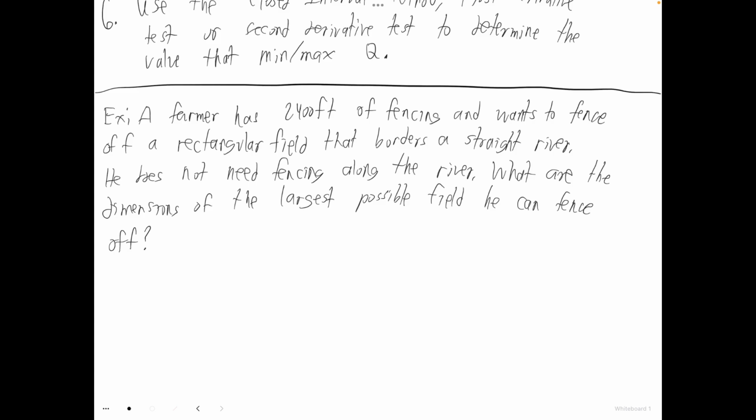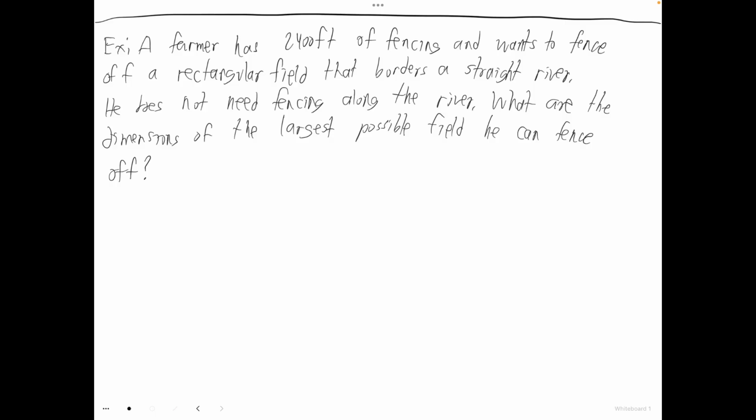Okay, so in this situation, we've got this fence that we're trying to put up. We have 2,400 feet of fencing, and we're putting it along a straight river, and so our situation looks something like the following. So we've got this river down here that's a straight river, and we're building some fence along it, and we want to maximize the area that's enclosed by this fence.